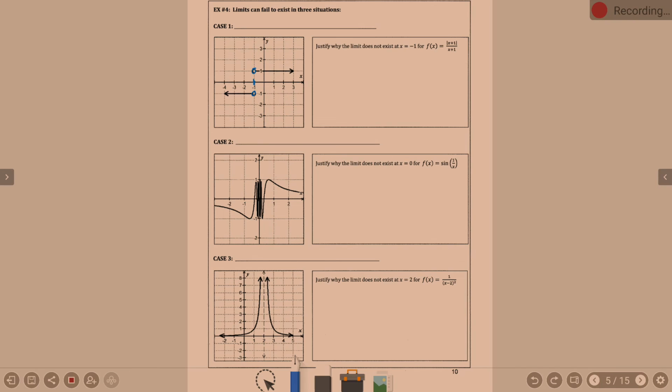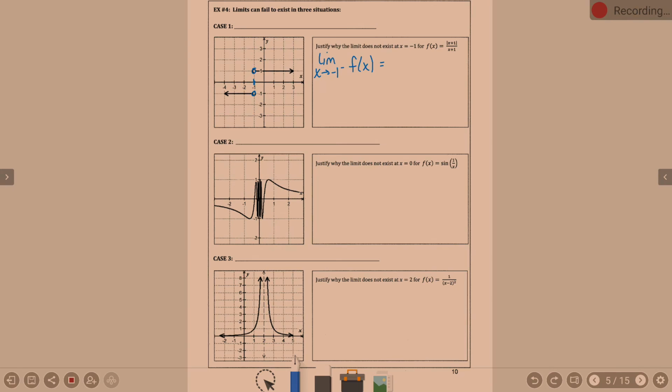And so here's the deal. For this limit to exist, the left has to equal the right. So if we look at the limit as x approaches -1 from the left, what is the limit as x approaches -1 from the left? -1.